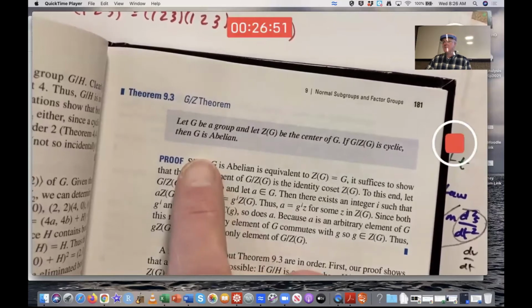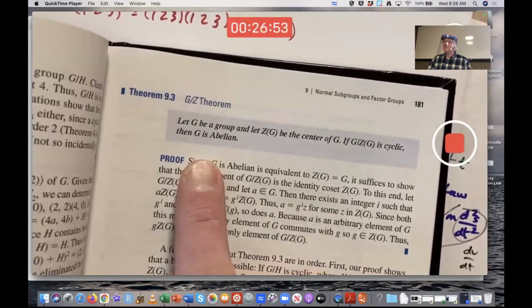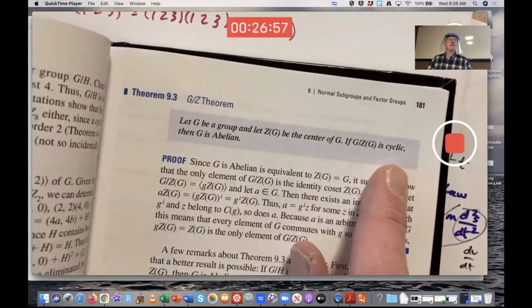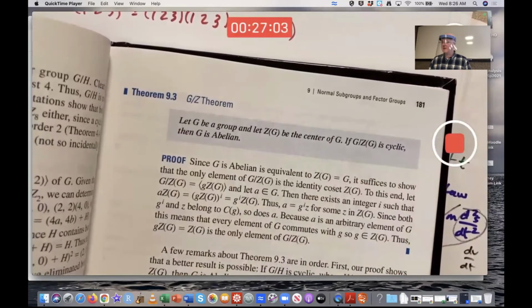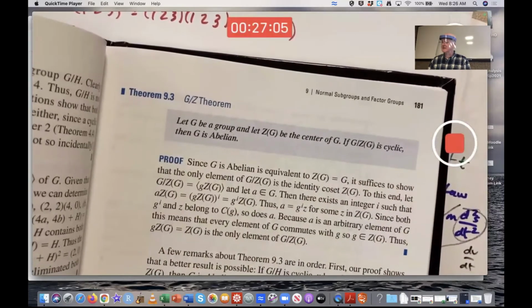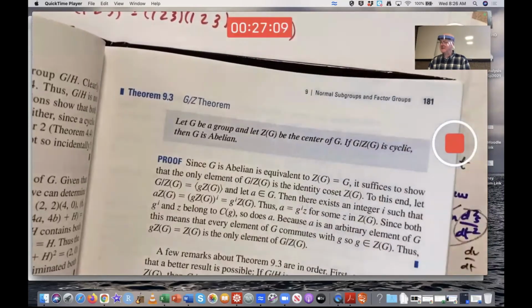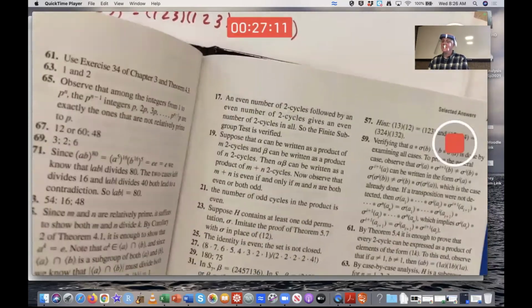Or maybe, if you think about the contrapositive of this, if G is non-abelian, then this group is actually not cyclic. That would be another application of it. And it's more important than you might imagine just looking at it at first glance. Centralizers, I think of centralizers having an application in an even more advanced topic in here.